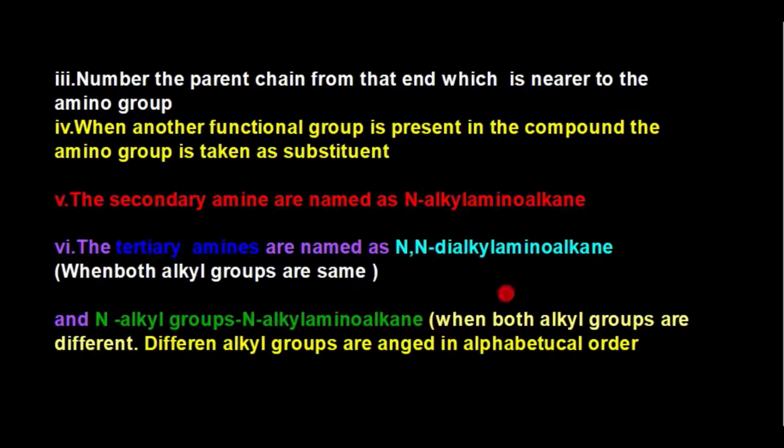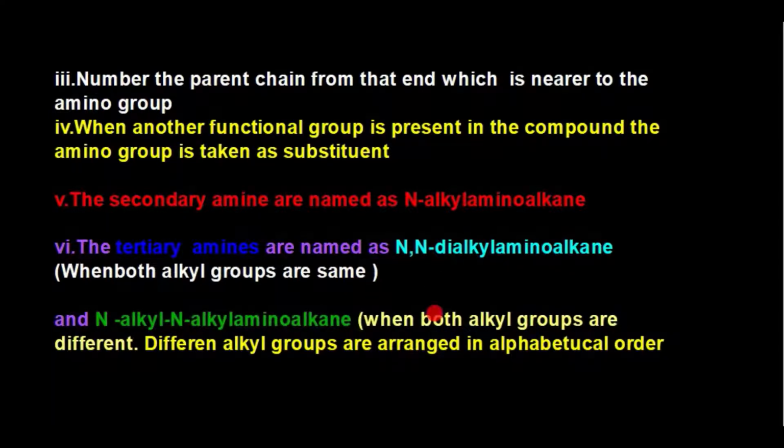Dialkyl shows 2 alkyl groups, and here we have the third one, alkane. 3 alkyl groups are attached with nitrogen, so that's why this is a tertiary amine. We use dialkyl when both alkyl groups are the same.